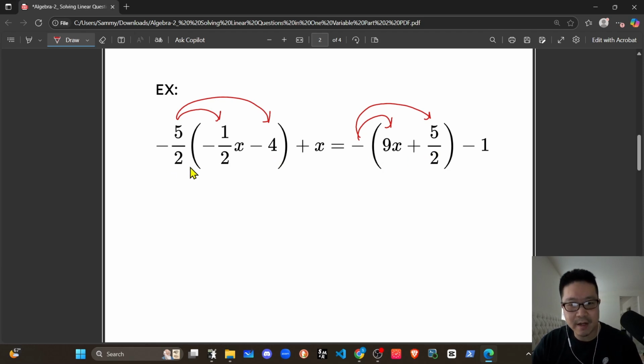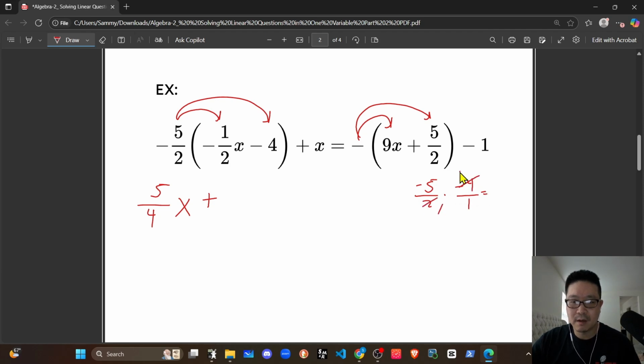So for the left side, I'm going to multiply negative 5 over 2 and negative 1/2. That's going to give us 5 over 4x. Negative 5 over 2 times the negative 4 is going to be a positive. So we can cross simplify.